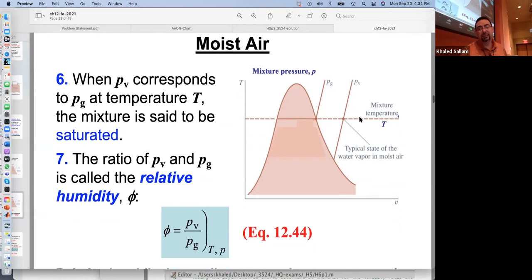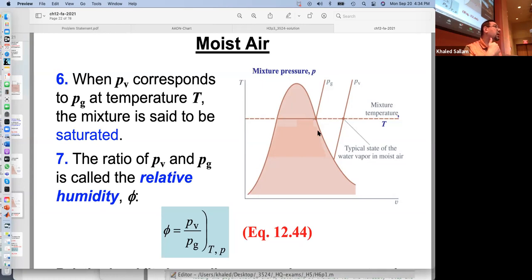And so at this room, let's assume this room is at 25 degrees C. If you open the T-s diagram of the steam of water, that's the T-s diagram of water. And you find out with 25 degrees, what is my P saturation? That P saturation will be the highest pressure that the water vapor in this room can go to.